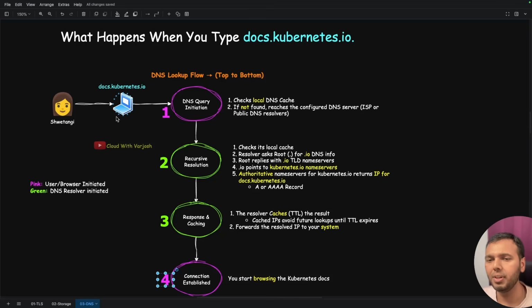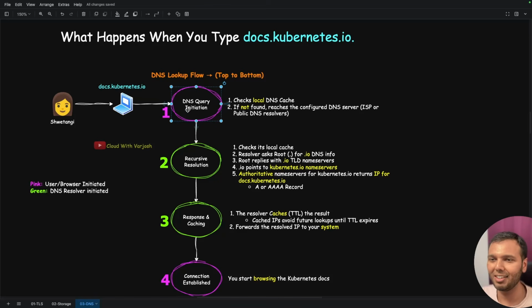For our example, let's say the system didn't have this in its cache, but we as DevOps and cloud engineers should be visiting this site often, and I hope all of your systems have this cached. If it does not, then do visit this website often, because this is a great place to learn Kubernetes. Let's get back to the topic now.